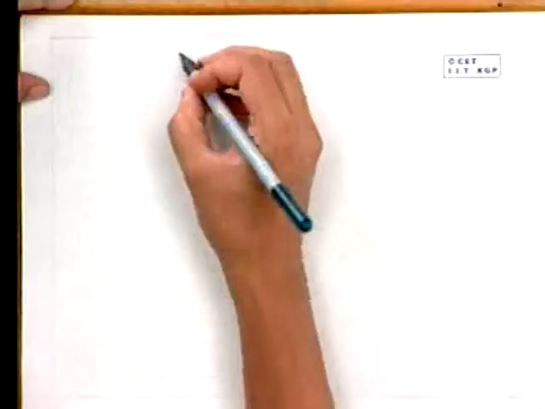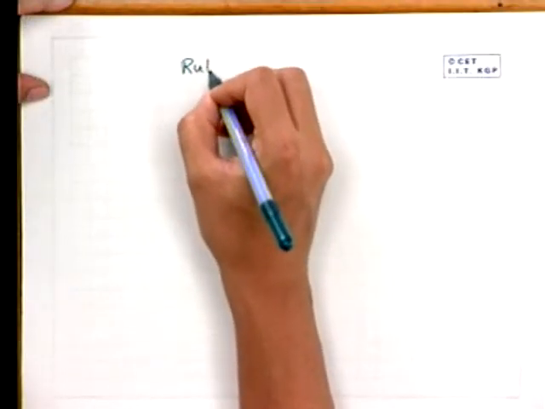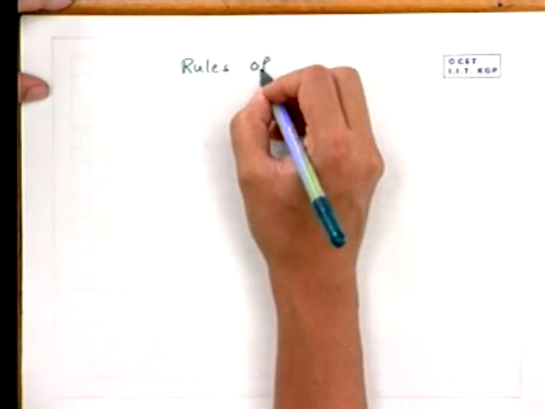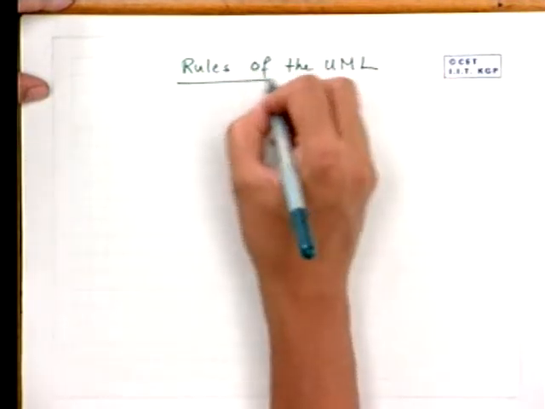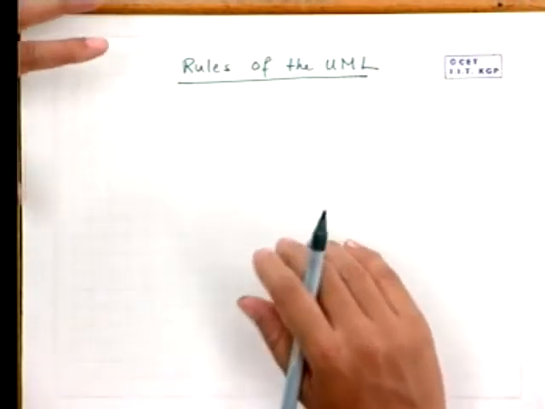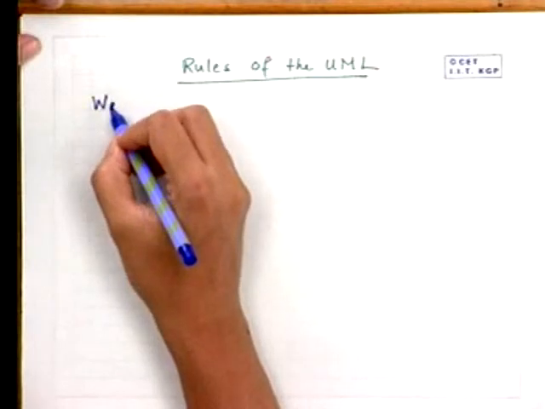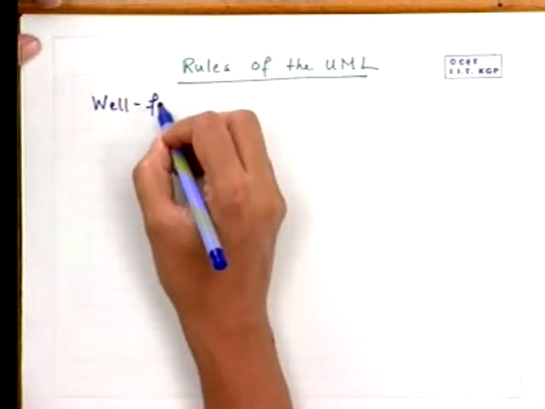Next, we have a brief look at the rules of UML. The building blocks of the UML cannot be simply thrown together. So what we really want to have is what is known as a well-formed model.